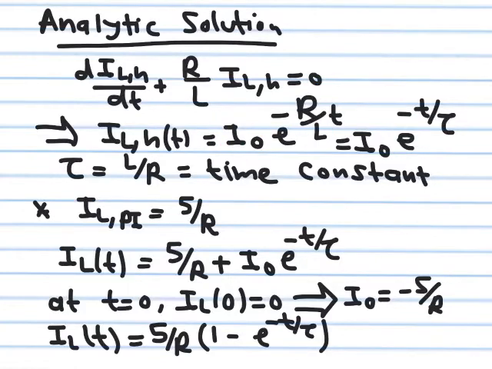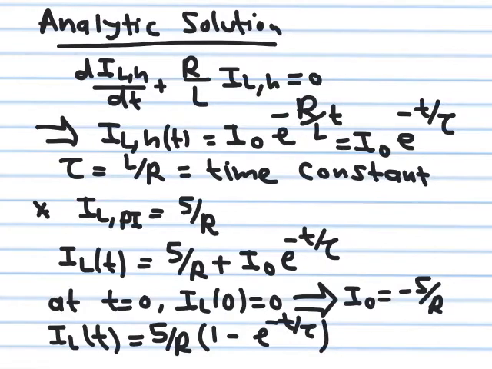It depends on the initial conditions. We can reorganize this in the form that most electrical engineers are familiar with, e to the minus t over tau, and tau is L over r. Tau has units of second. When you divide inductance in Henry by resistance in ohms, you get seconds.